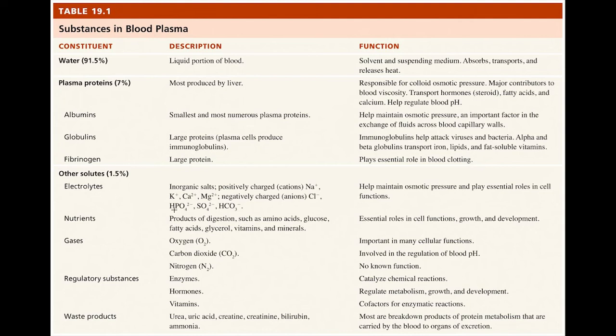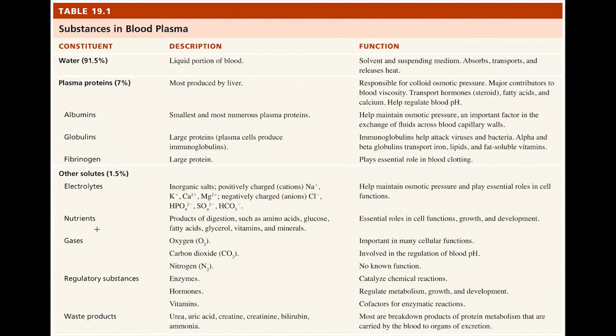Electrolytes are anything that can be positively or negatively charged. Positively charged electrolytes are called cations. Negatively charged ions are called anions. So you have such ions as sodium, potassium, calcium, and magnesium, chloride, phosphate, sulfate, and also something called bicarbonate, which we'll run across again later in the semester.